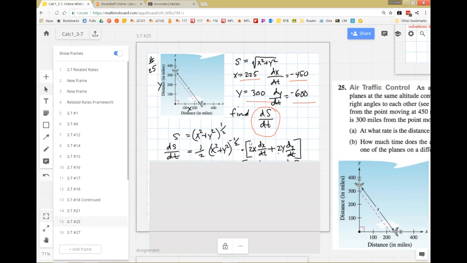Notice that I have brackets around that, okay? Students sometimes forget that bracket, and boy, does that make a difference, because this whole result is together and being multiplied, not multiplied by just 2x dx/dt, and then this second one is just added. So the parentheses are a big deal.